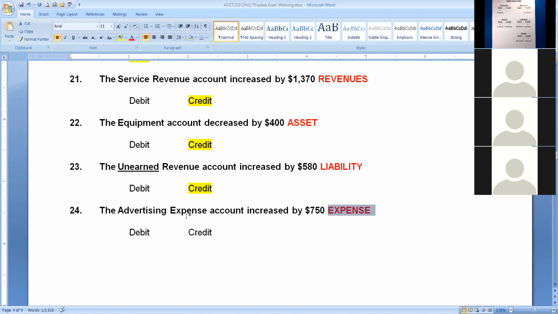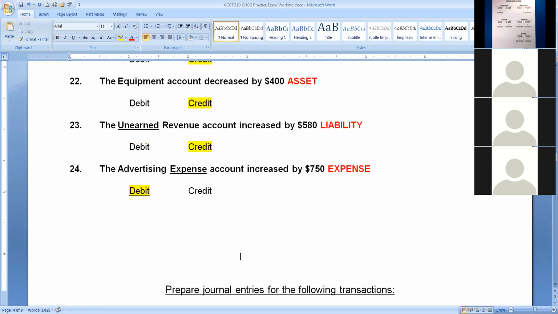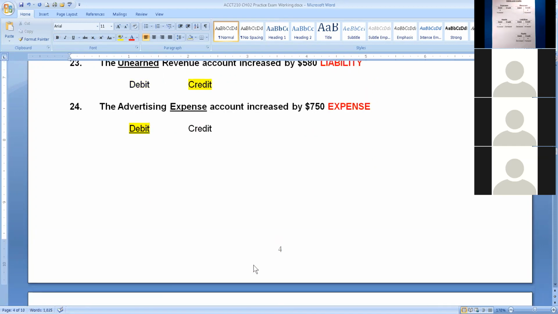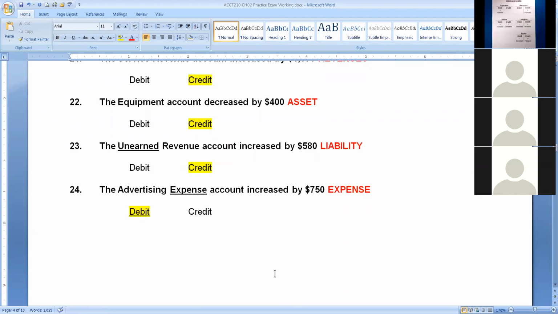They always go up. Whenever you see expense, they're always debits, unless there's an error or something. I mean, you never want to say always, but okay.